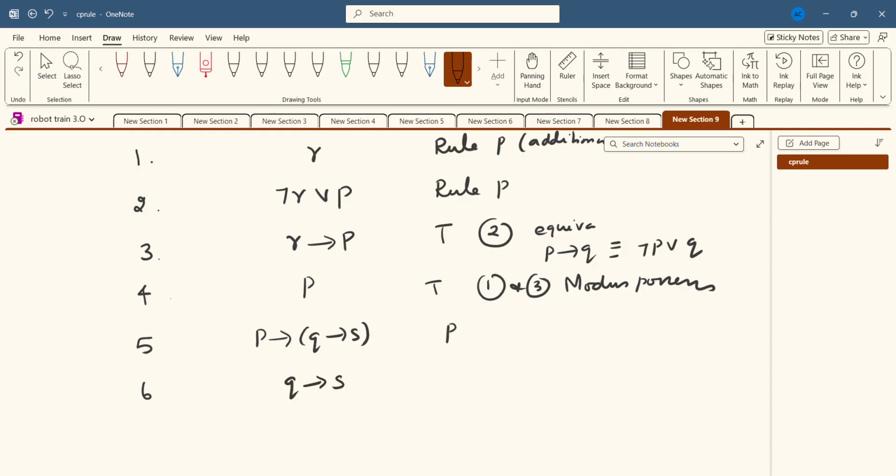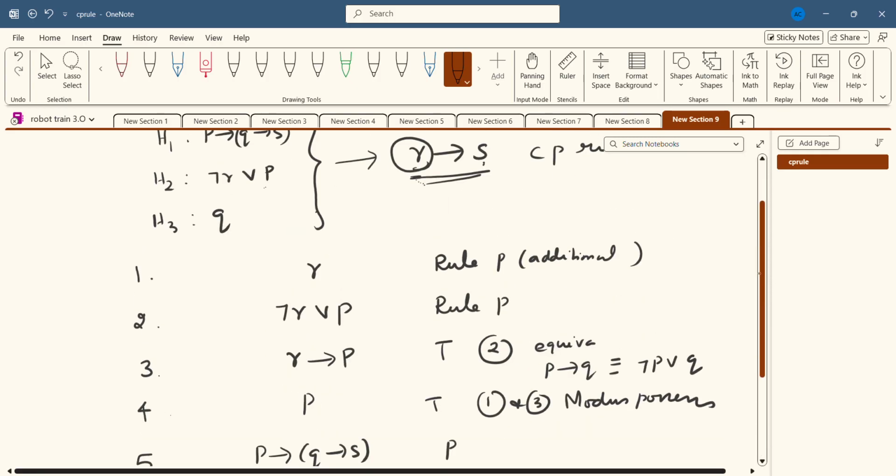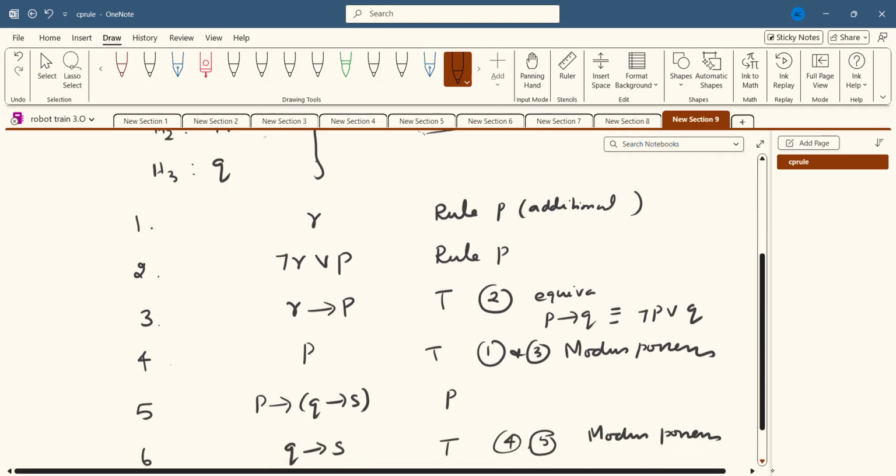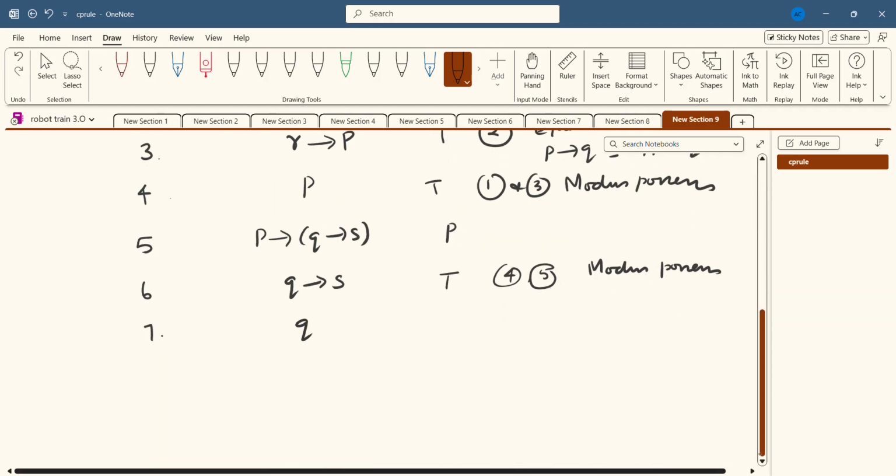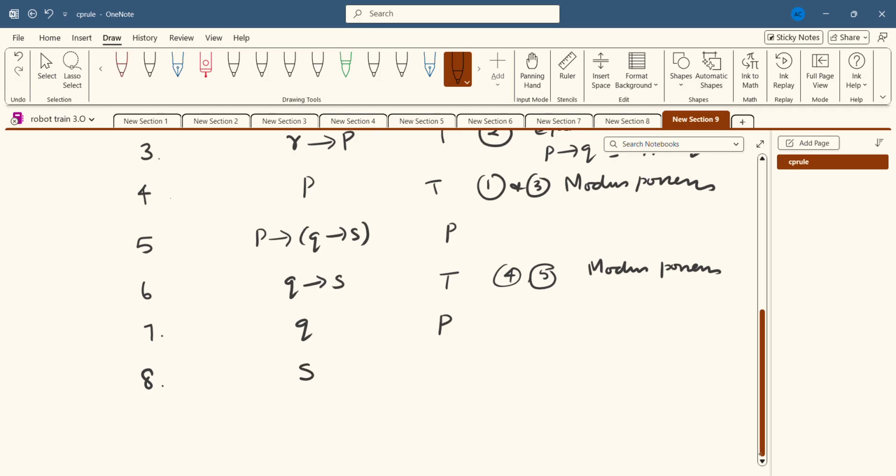I write rule T using statements 4 and 5 by applying modus ponens, and I get Q conditional S. Now I am going to introduce the premise Q, rule P. Once again I apply modus ponens: Q conditional S and Q, therefore S. So I can write rule T using statements 6 and 7, applying modus ponens.